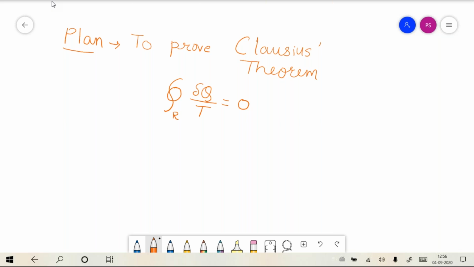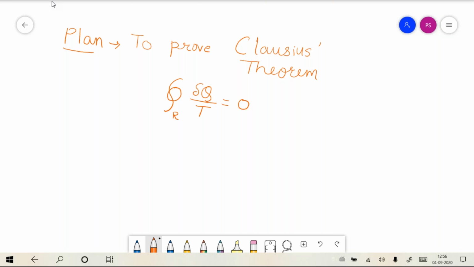I would try to relate this concept to the real world. But for the time being, the plan is to just go about deriving this expression, what is known as the Clausius theorem. As we have seen in the videos, we would be using two steps for this proof.